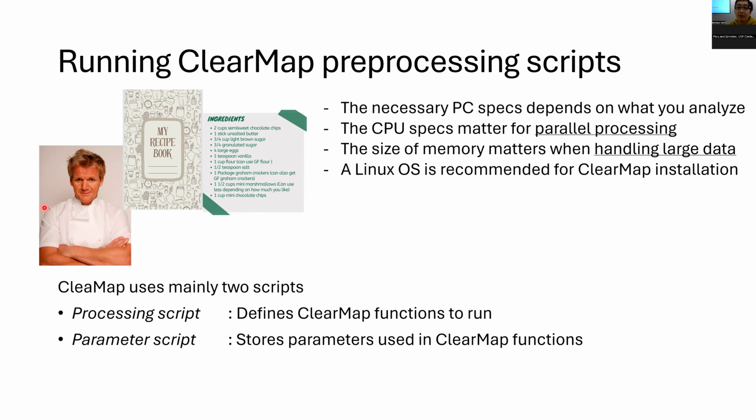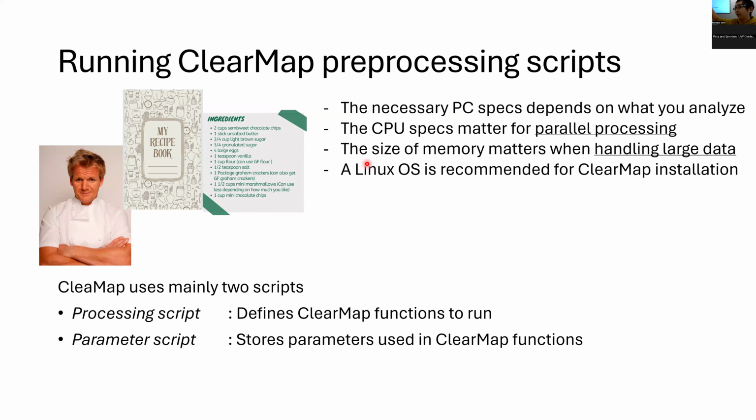The number of CPUs or CPU threads really matters for the speed because ClearMap uses something called parallel processing. If you have a big chunk of meat, it will take forever to cook. But if you can chop it in 4 and you have a 4-burner stove, you can cook it 4 times faster because you can put it on 4 parts. That's the concept of parallel processing.